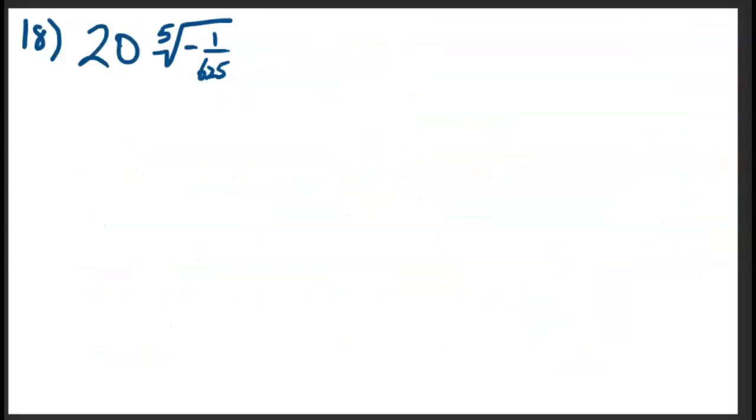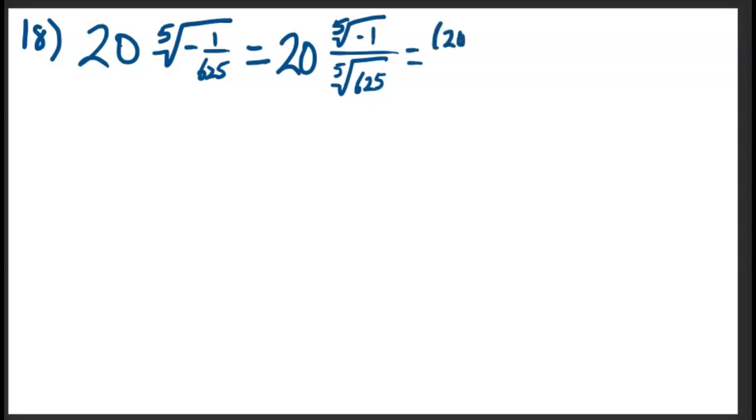All right, so number 18 as another example. Let's do the first thing we know to do and divide our fraction like this. And I'm going to put the 20 on top.